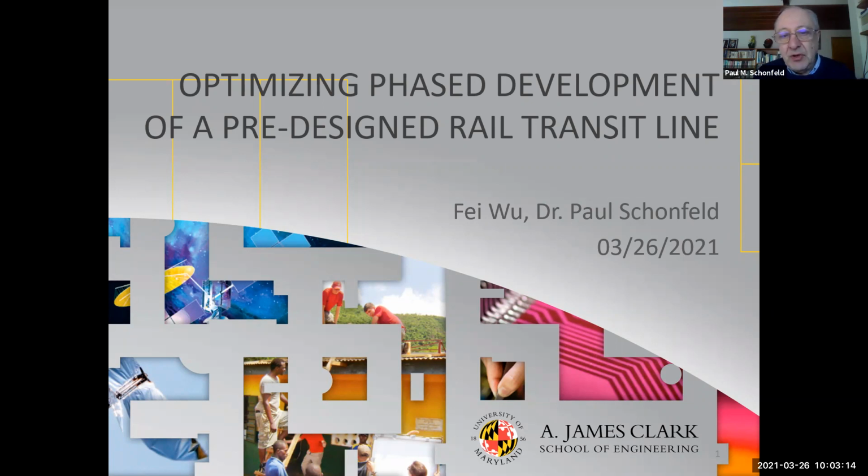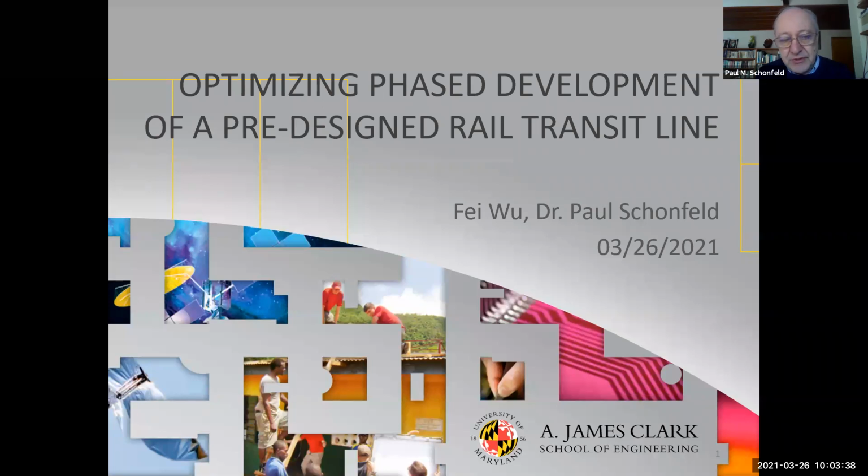optimizing the phase development of a rail transit line, trying to determine how many stations at a time and their corresponding links to add based on various factors that he discussed, such as the evolution of the demand and the economies of scale of adding multiple components of the route together.